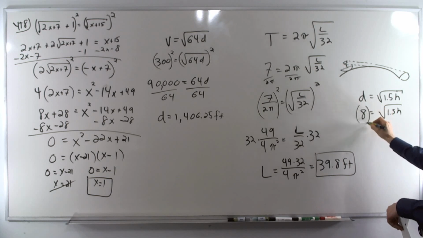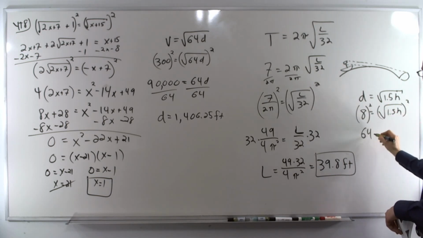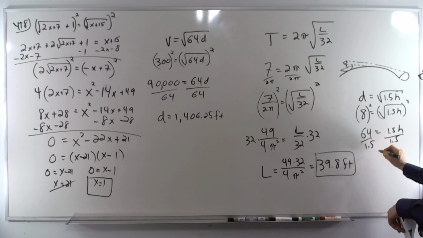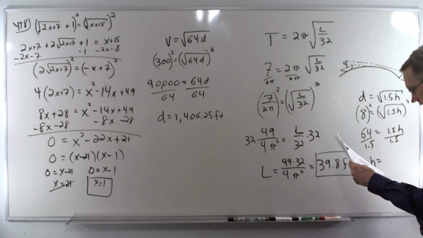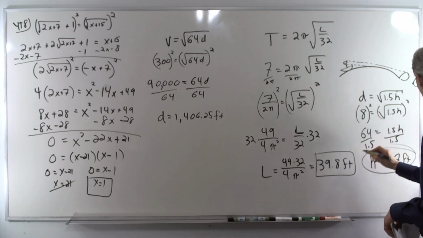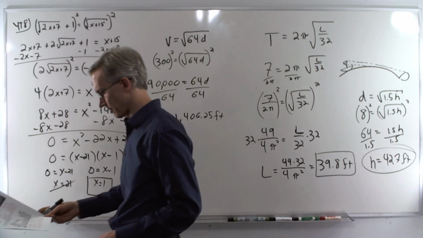Now we can square both sides and get rid of the radicals, so we get 64 equals 1.5h. Divide by 1.5 on both sides, and h equals 42.7 feet. So that crow's nest has to be 42.7 feet above the surface of the water.